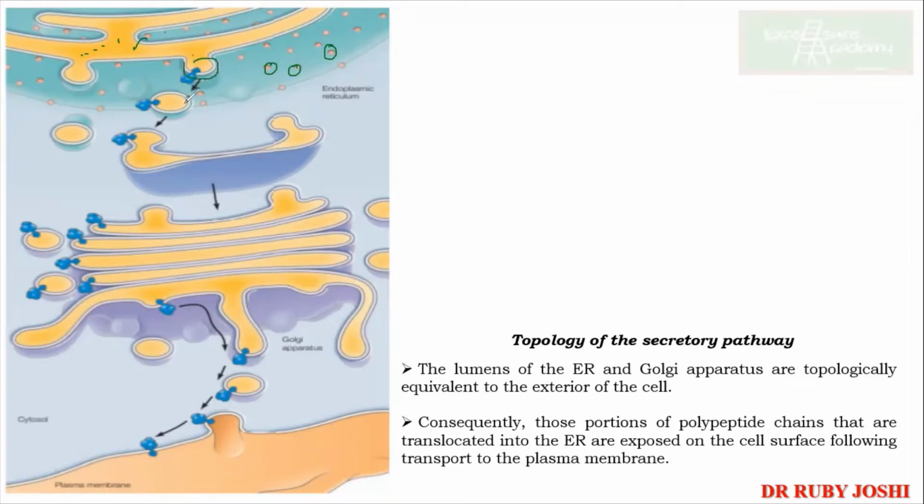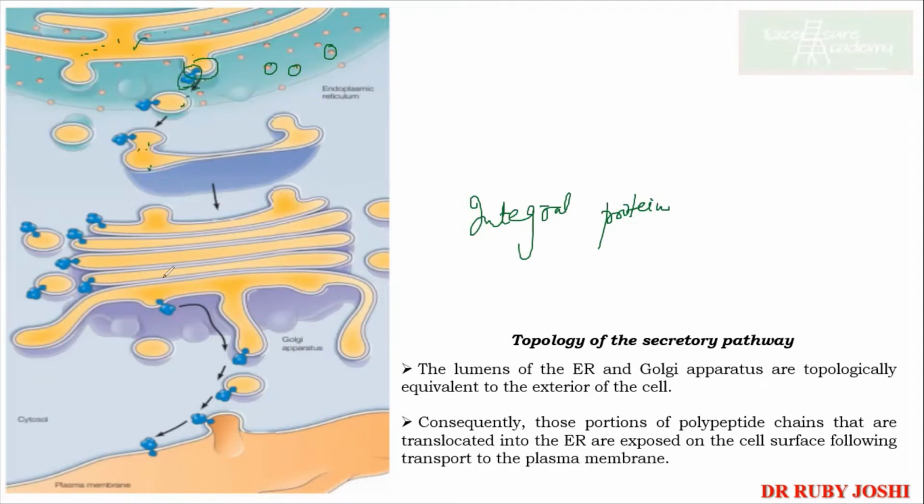Now this vesicle goes to the Golgi where it gets transported. This is the example of an integral protein. Here the protein is embedded into the ER membrane, so that entire vesicle carrying the integral protein will go and fuse with the Golgi apparatus.